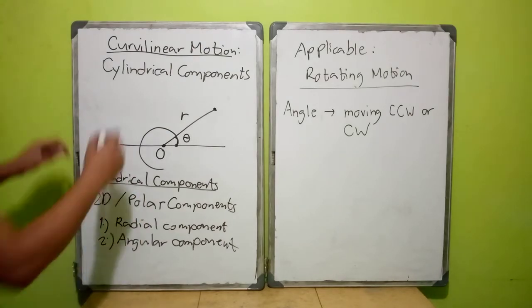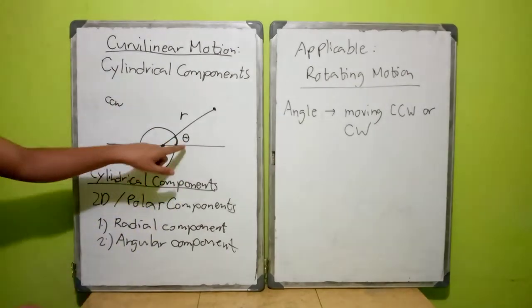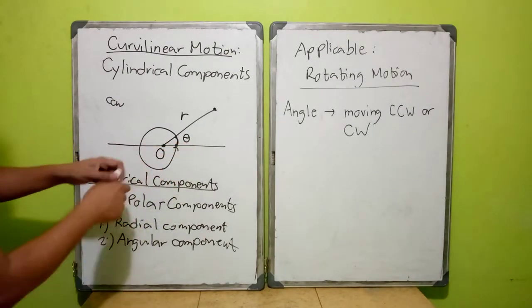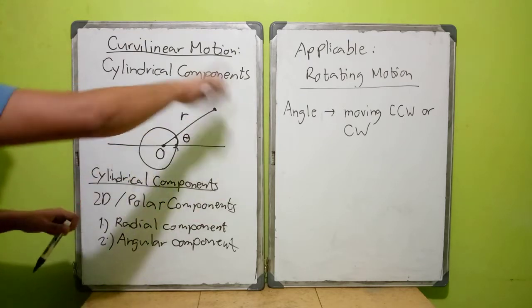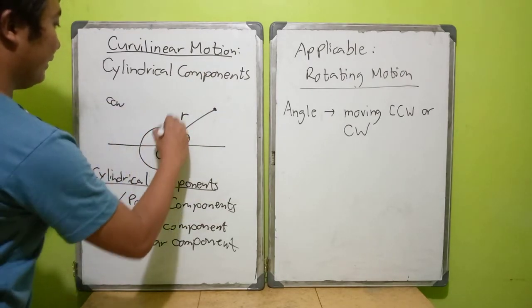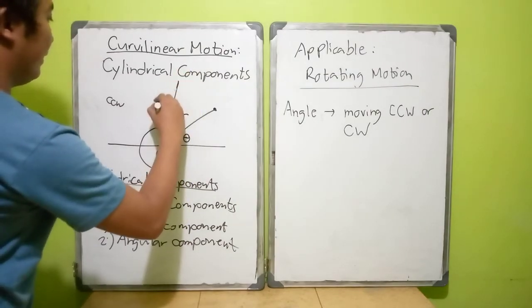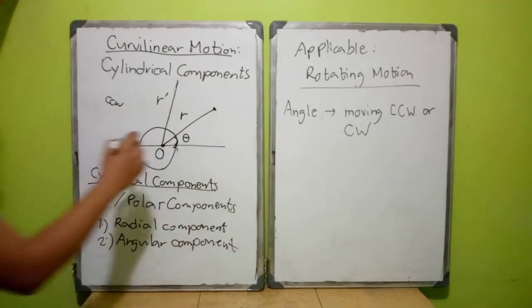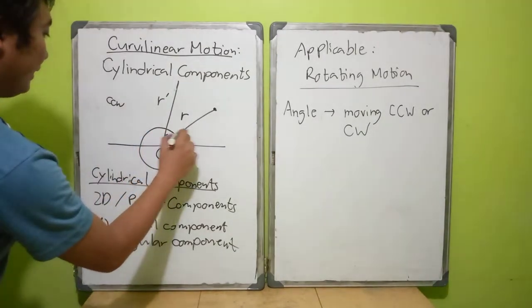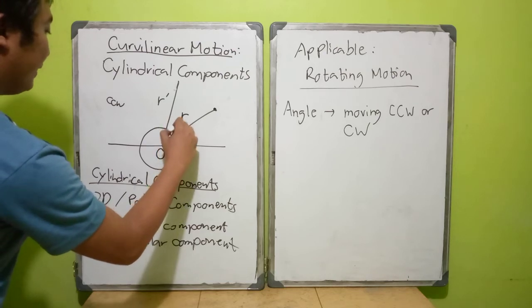As your theta increases and it rotates counterclockwise, your R might also increase. Let us say this will be your R prime and this is your theta, which becomes theta prime.